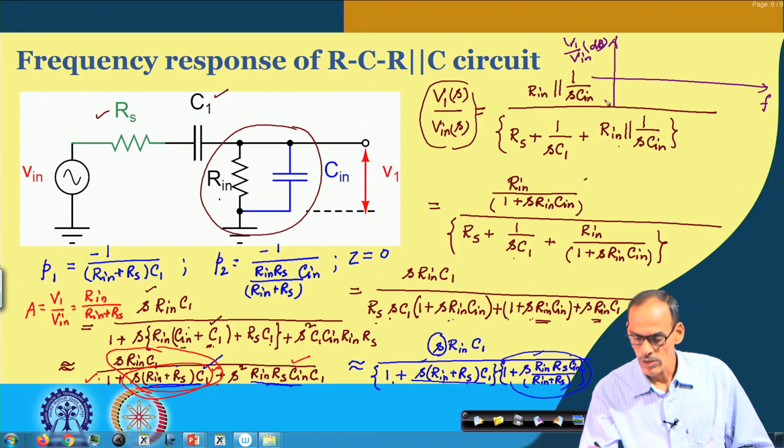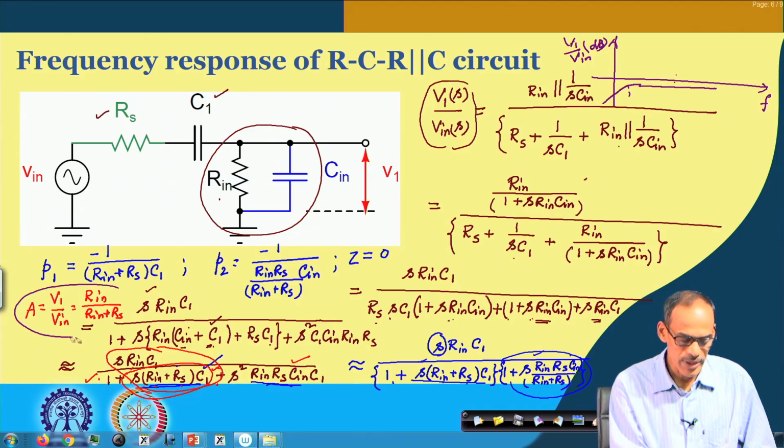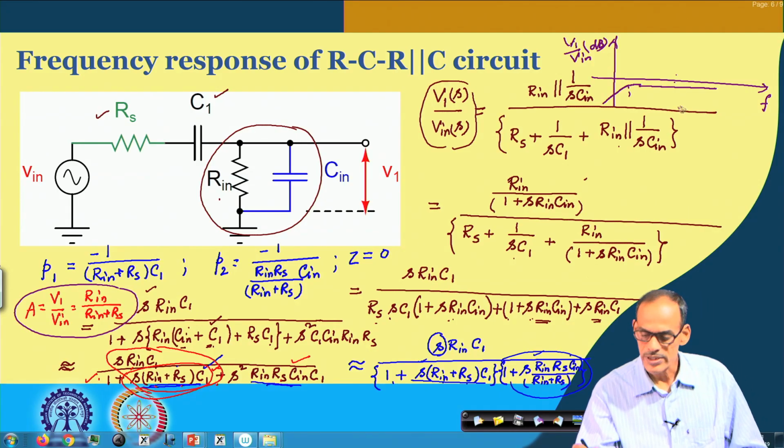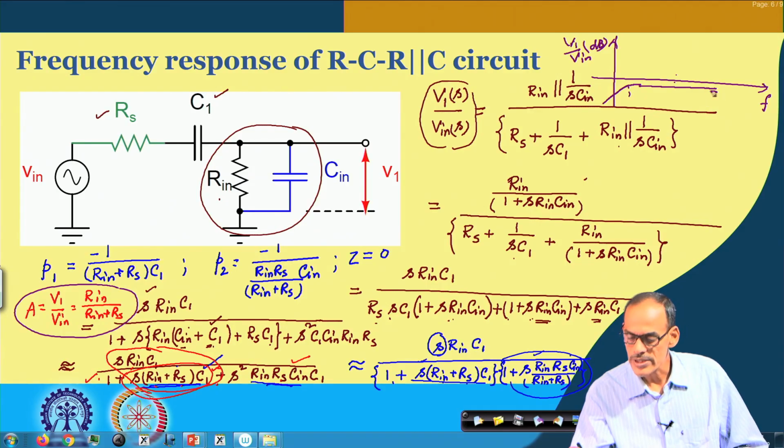So, at very low frequency we do have a 0, and then we do have a pole, and after that the gain is getting stabilized. That means this is the attenuation, and that attenuation is given by R in divided by R in plus R s, and then we do have the second pole.